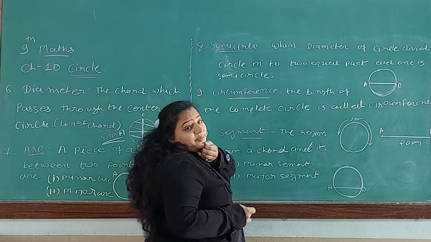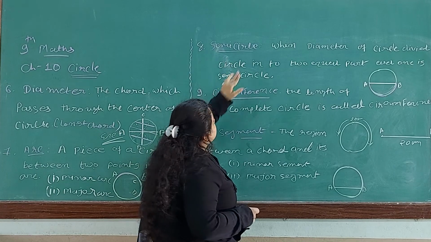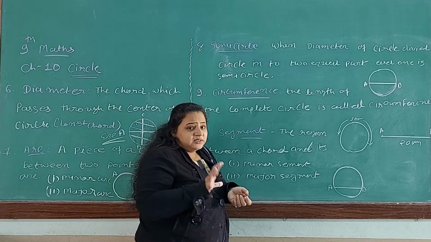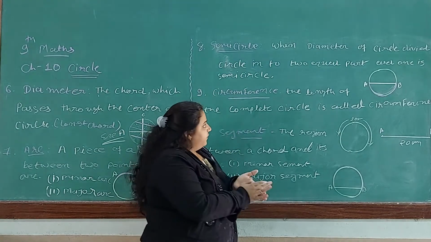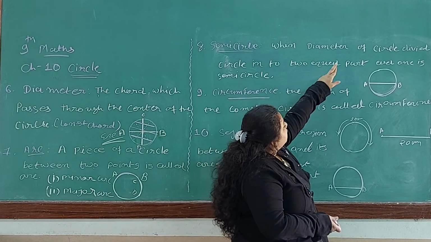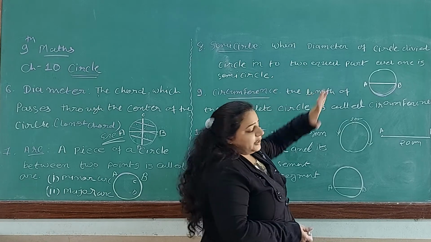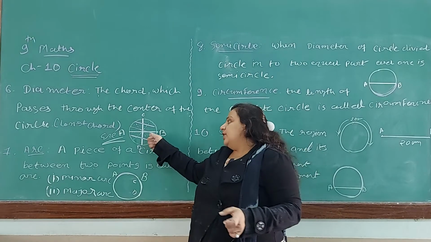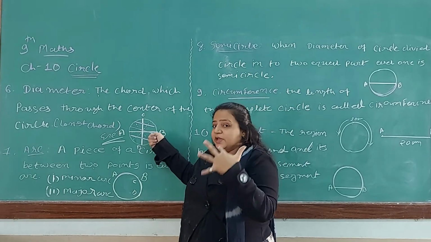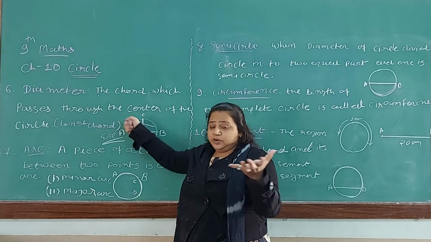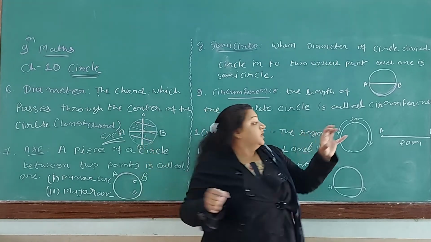Now definition number 8, semicircle. Semicircle means half. When the diameter of a circle divides the circle into two equal parts, again you have to recall the definition of diameter, a line segment passing through the center.